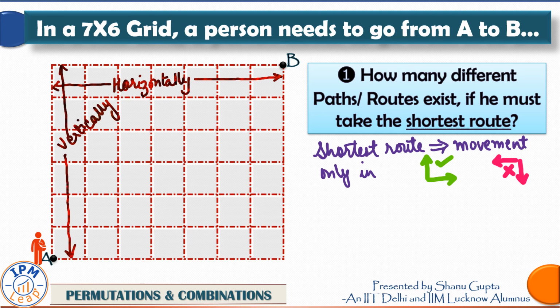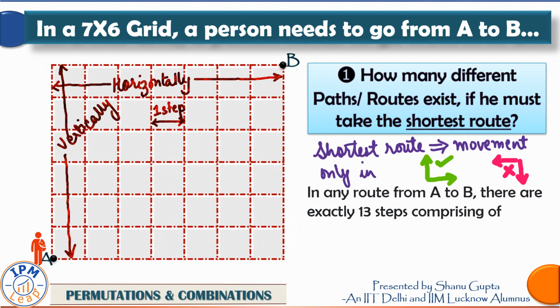So if I break up the total route into small steps and consider this side of the small square as 1 unit or 1 step of the journey, then in any route from A to B, there are exactly 13 steps comprising of 7 horizontal units and 6 vertical units.